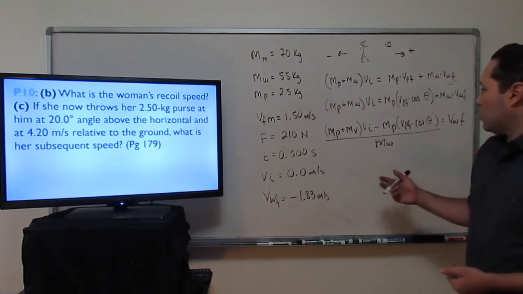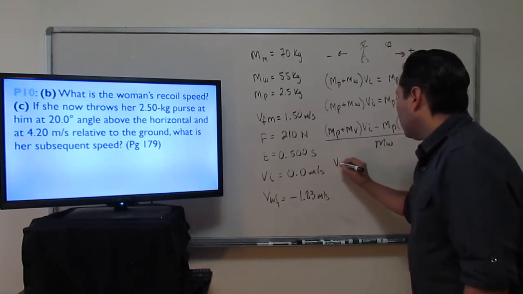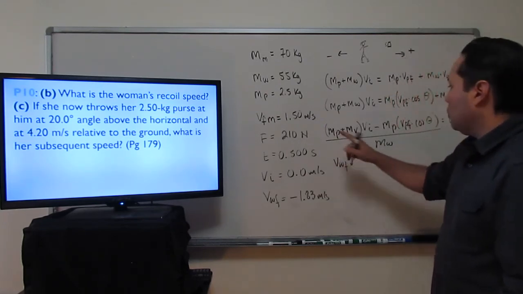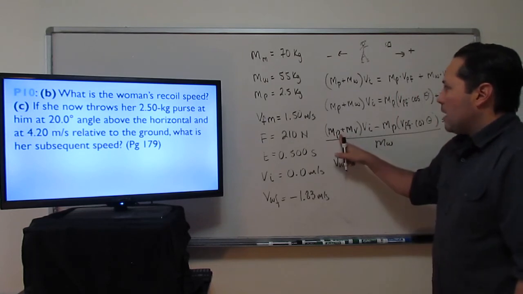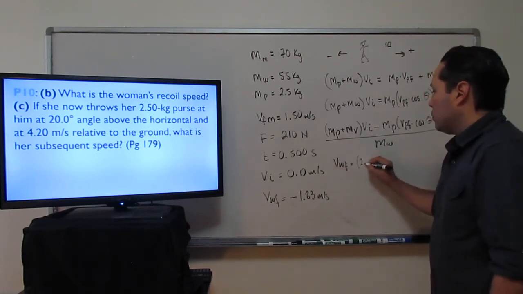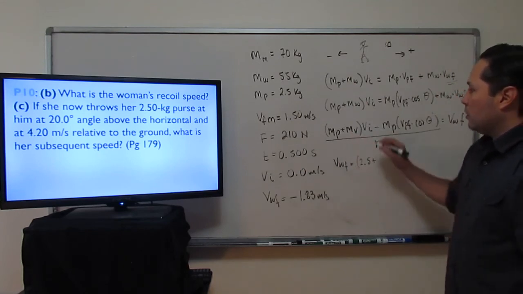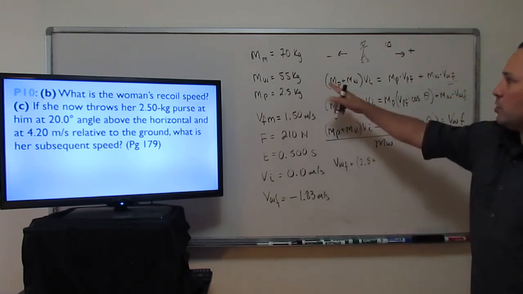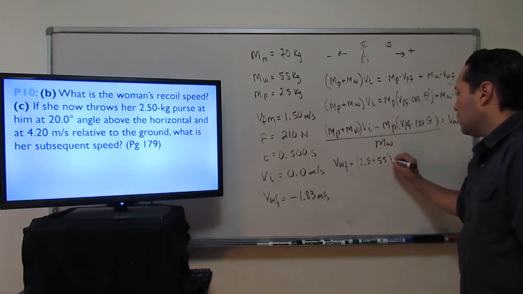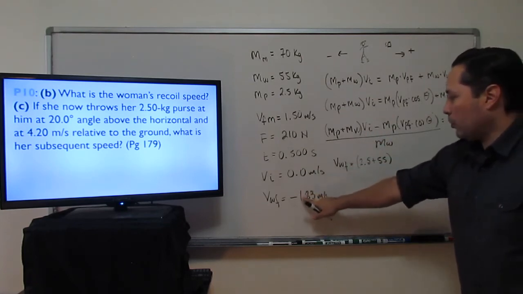Let's go ahead and do that. Velocity of the woman final is equal to mass of the purse, which was 2.5 kilograms, plus the mass of the woman, which is 55 kilograms, times the velocity initial of both of them.